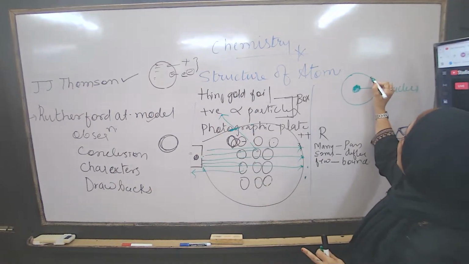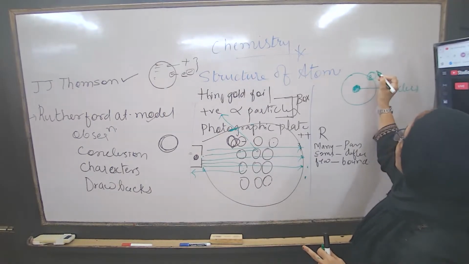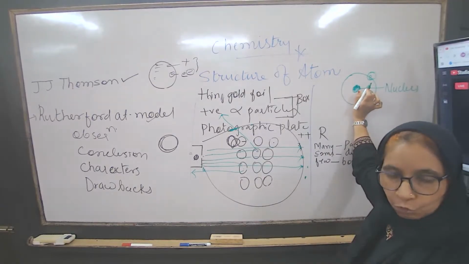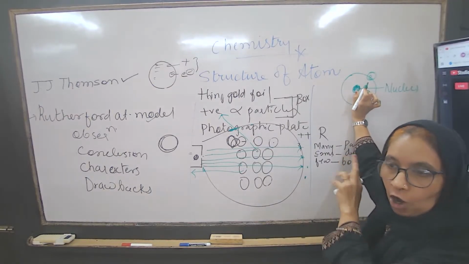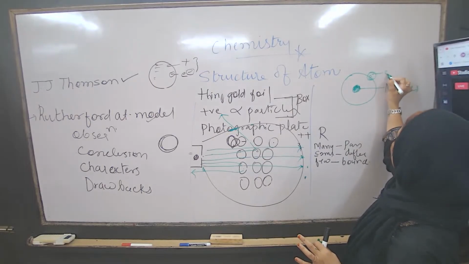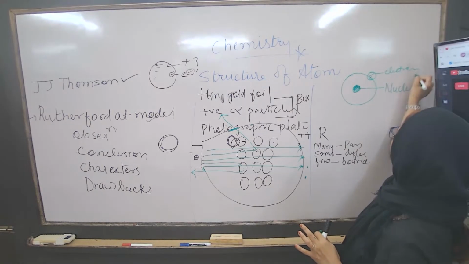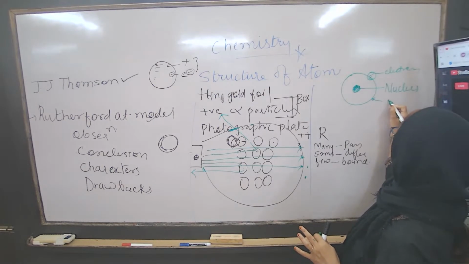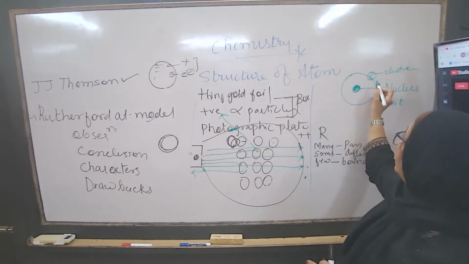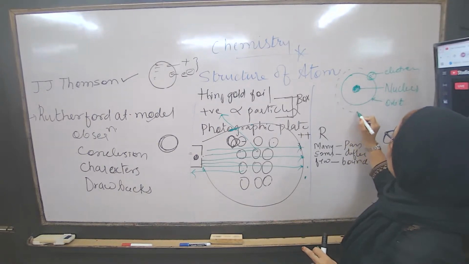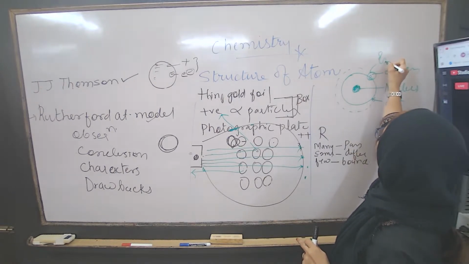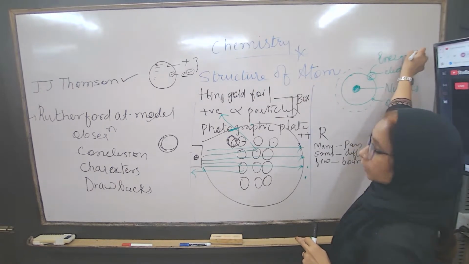Second one, electrons are present in a particular path. That route is known as an orbit. So this is the representation for electron, E with negative charge, and this path is known as orbit. Now, one more important thing: when this electron is moving around this nucleus in this path, this electron is having some energy with it.